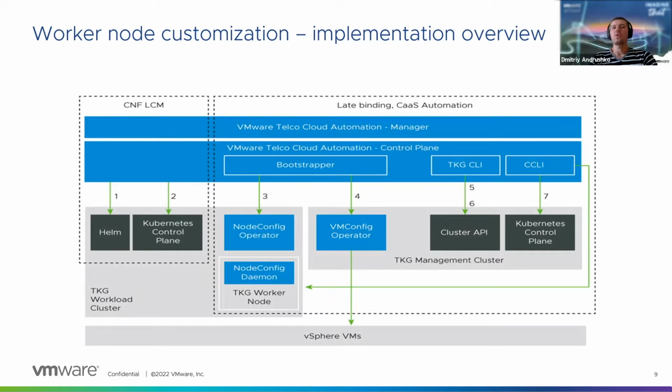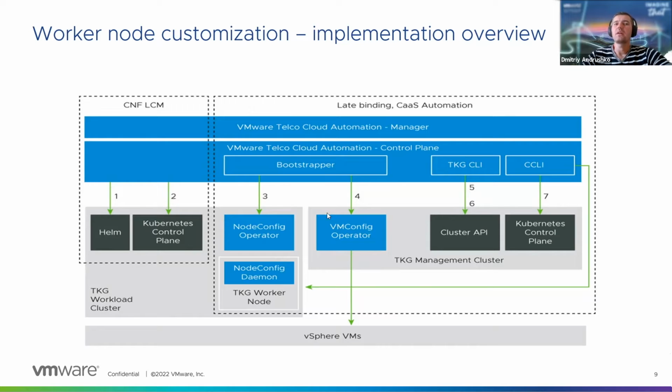So at our control plane, we are running a set of components which are talking to the operators which we mentioned. So basically, as we already discussed, the VM config operator talks directly to vSphere VMs and modifies settings and configuration of these VMs according to the requirements which are specified in the network function.